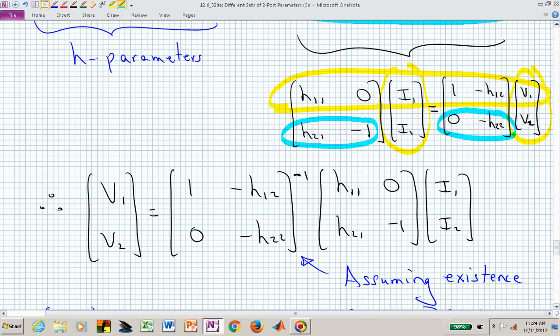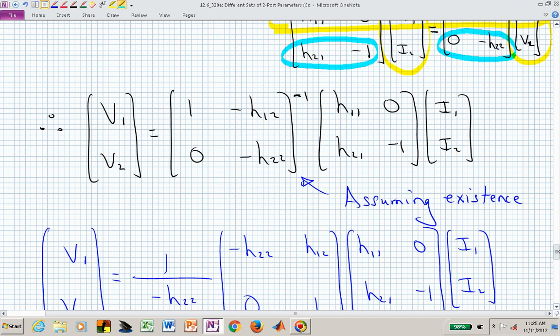And that matrix will be our z parameters. So if this matrix that scales or multiplies the voltages has an inverse, then we can find the z parameters. If that inverse doesn't exist, then we can't find the z parameters for this particular circuit.